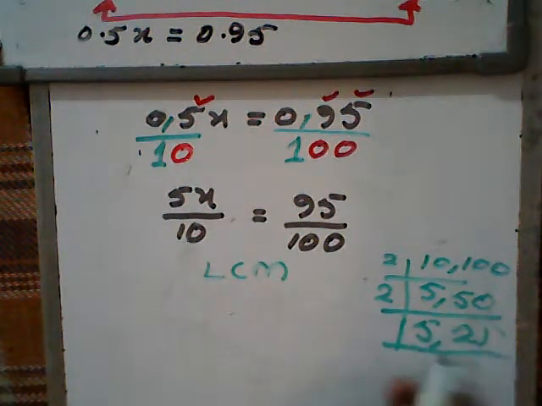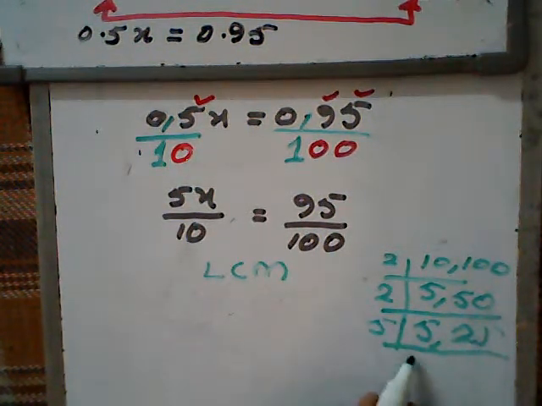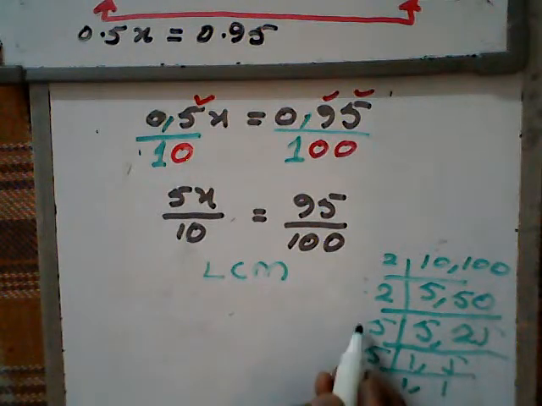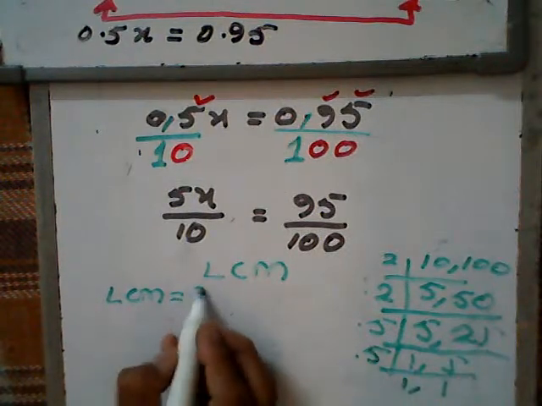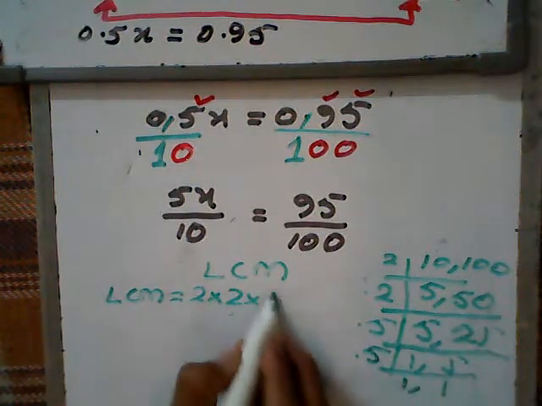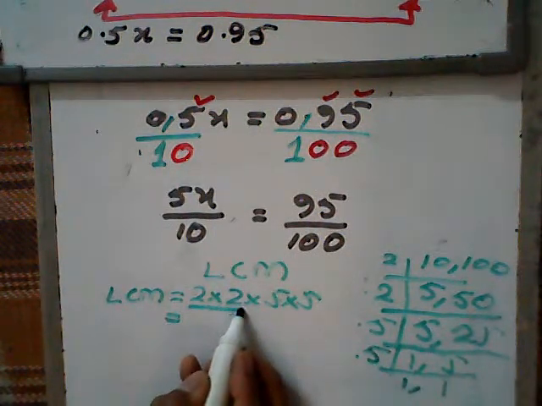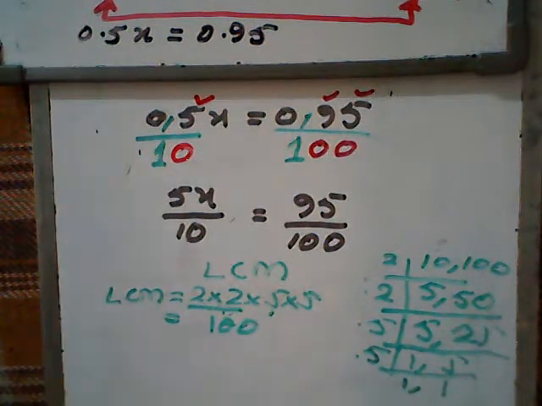Now it can't be simplified with the table of 2, so we simplify with 5: 5 1s are 5, and 5 5s are 25. Further, it can be simplified with 5, so 5 1s are 5, and 5 1s are 5. So the LCM is 2 multiplied by 2 multiplied by 5 multiplied by 5, which is 4, 4 5s are 20, 20 5s are 100. So the LCM is 100.